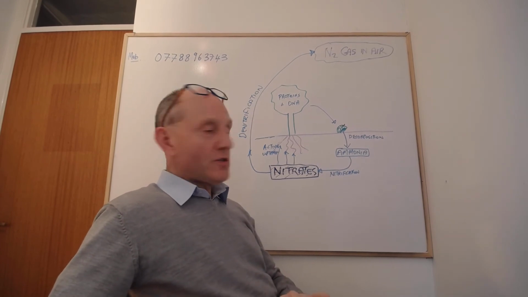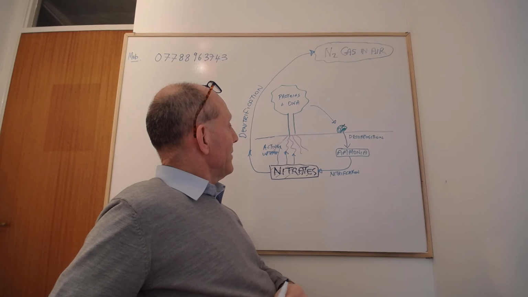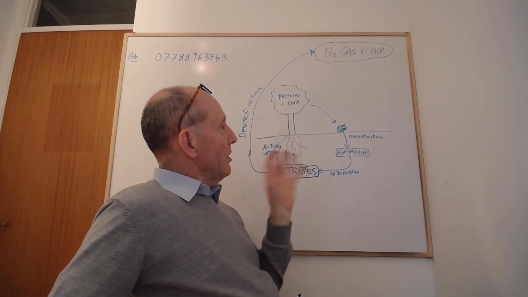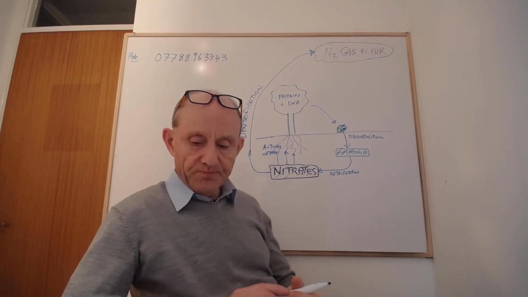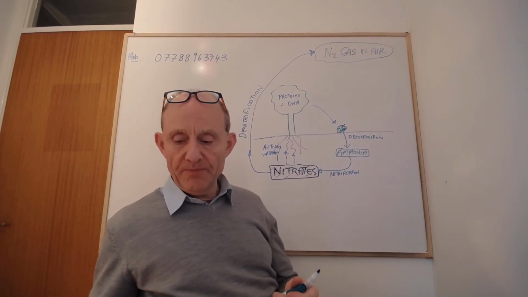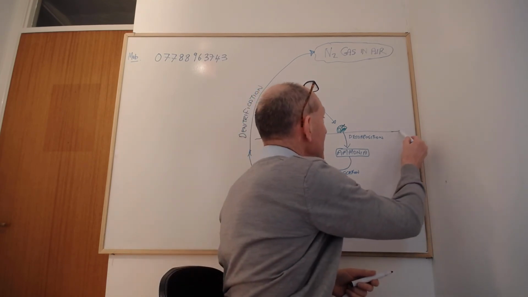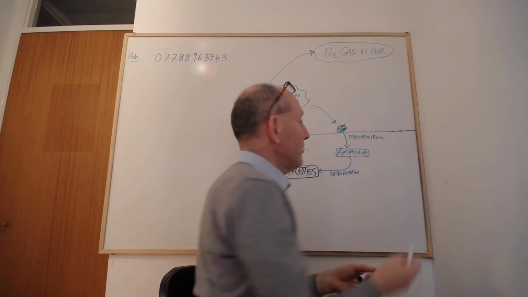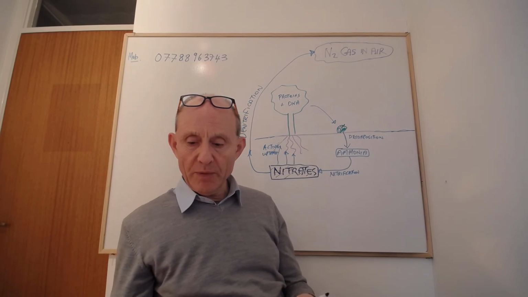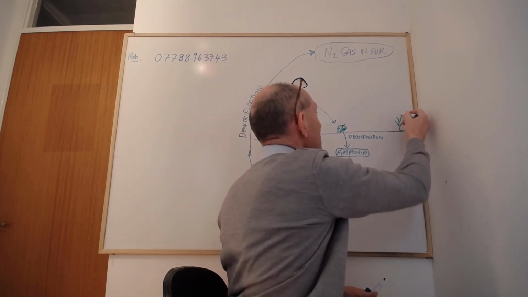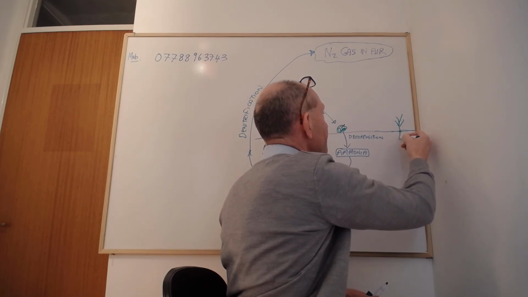Essentially, that's that process. One other thing we need to say here, and this comes up in many questions. I want to give a bit more room over at the edge because I'm going to put another plant in the picture. Here I'm going to put a plant, and this is the roots of the plant.